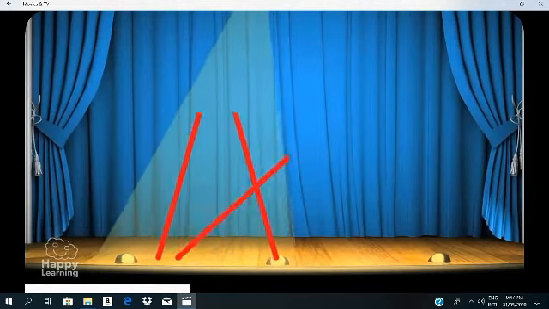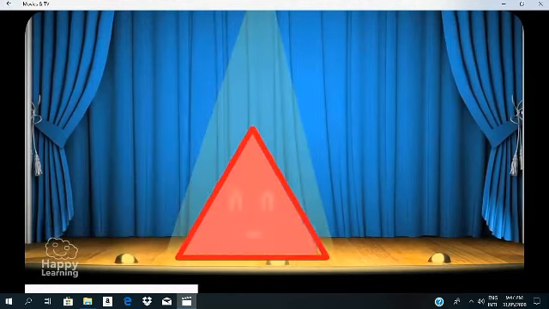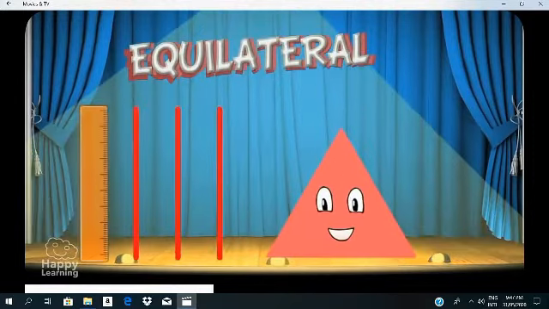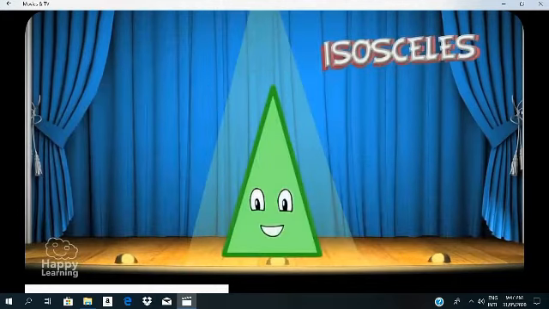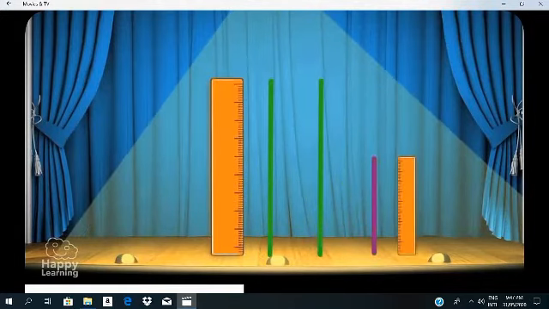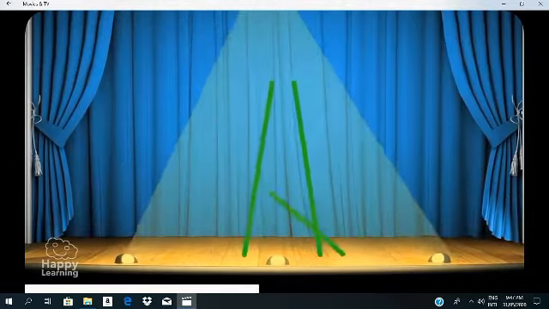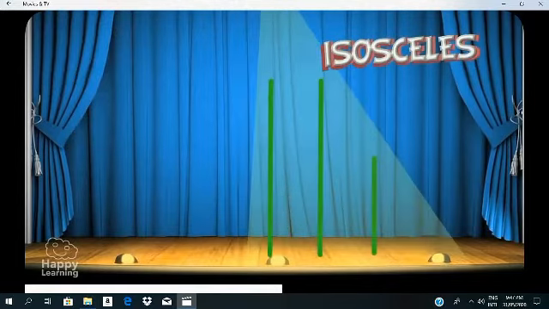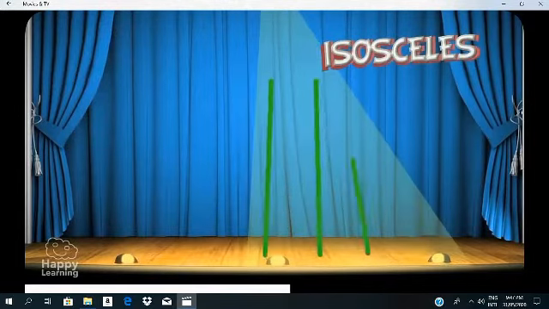For an isosceles triangle, when you measure the 3 sides, only 2 of the sides are the same, 1 is different.